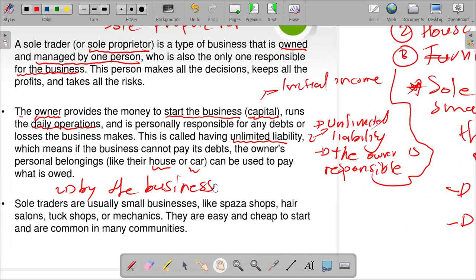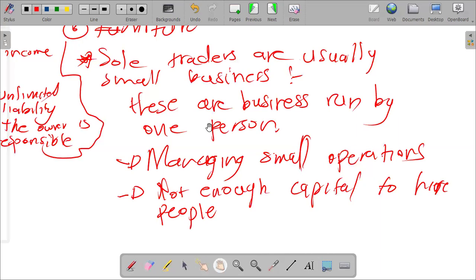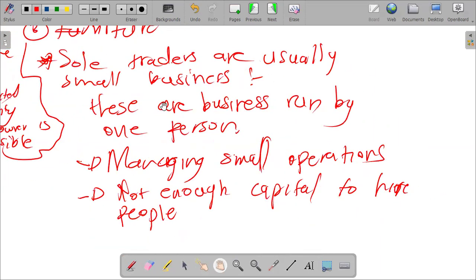So sole traders are usually small businesses like spaza shops, hair salons, tech shops, or mechanics because of these characteristics. So they are usually small businesses. They are run by one person managing small operations. So you can't just hire a big team to manage a small salon or a tech shop. You just need yourself to do all your bookings and your day-to-day operations in that case.